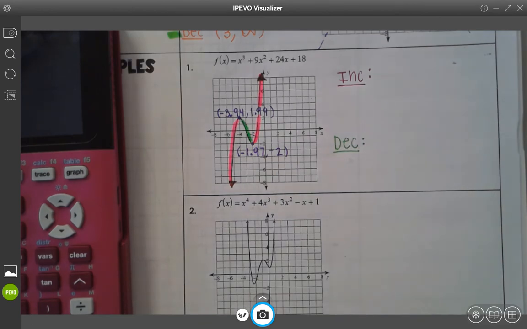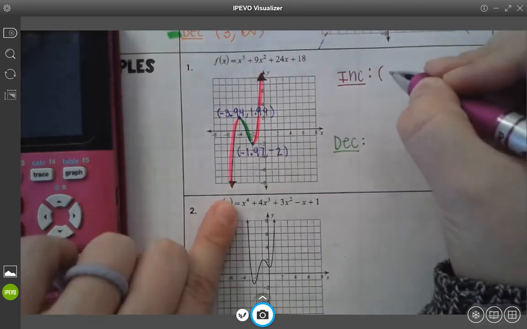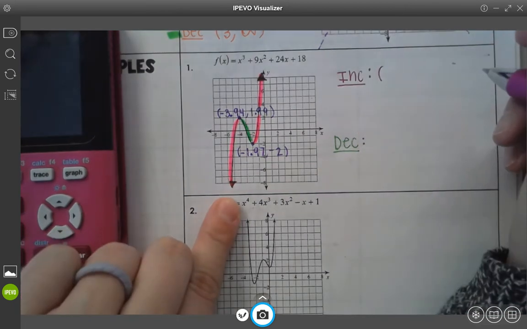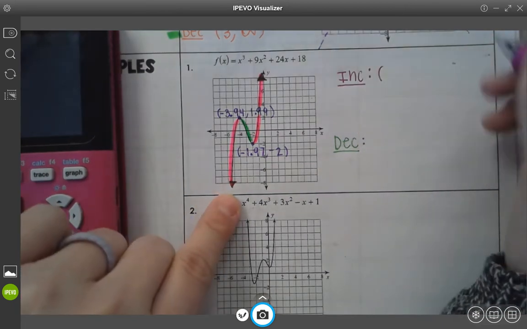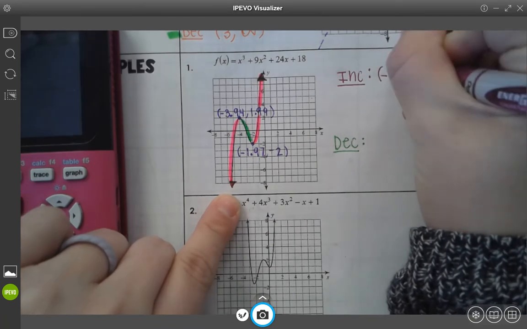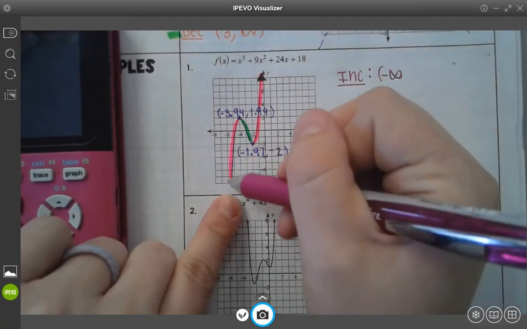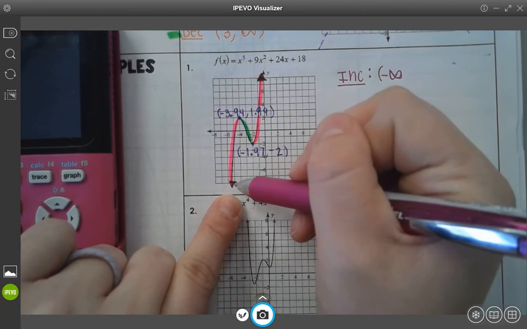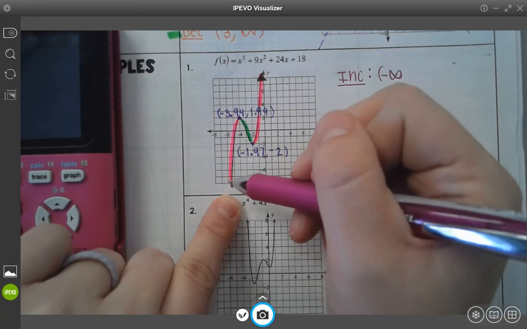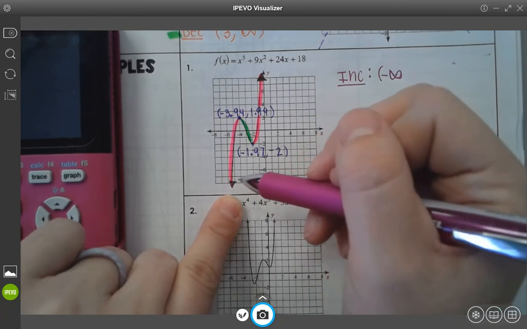So where do I start increasing? This first one. Where do I start? Negative infinity. If you look at the far left over here, go down as far, there's an arrow, and that's on the left side of the graph.